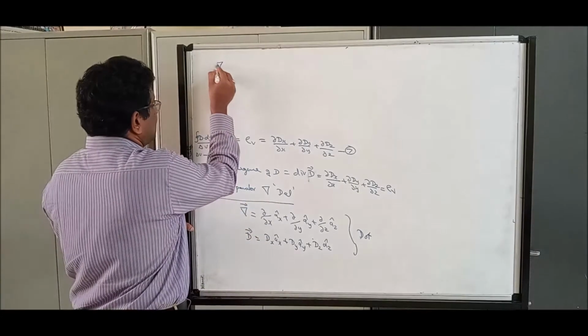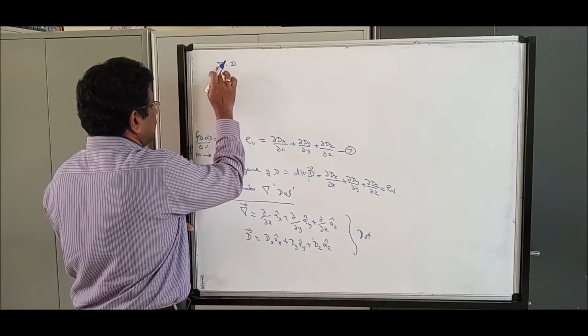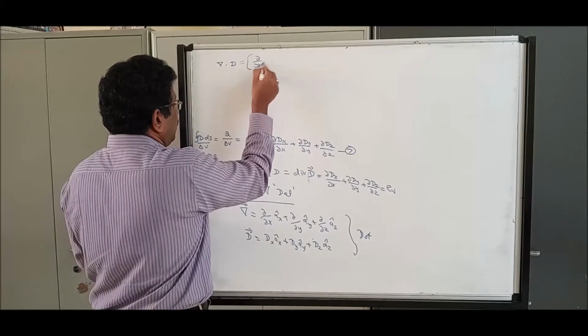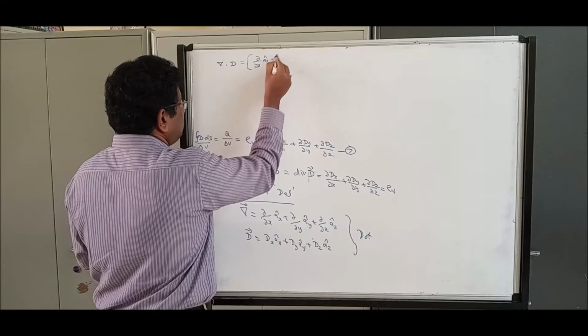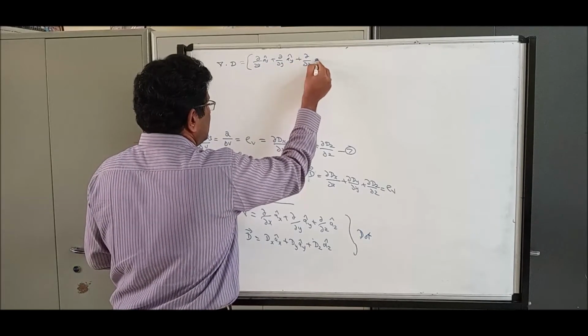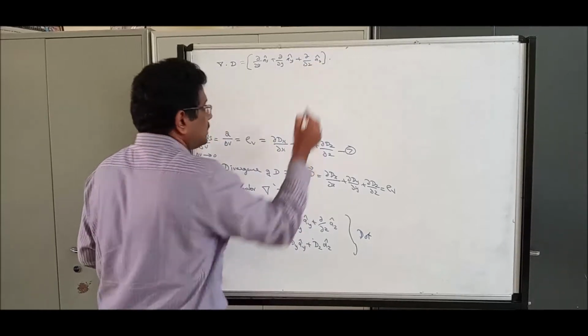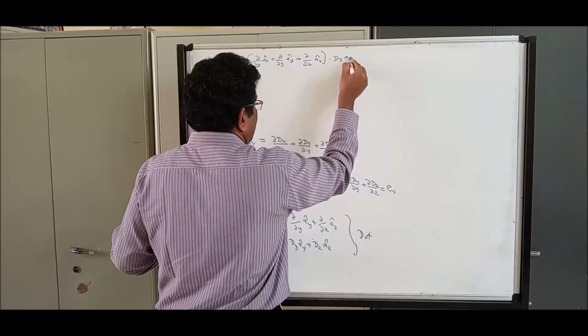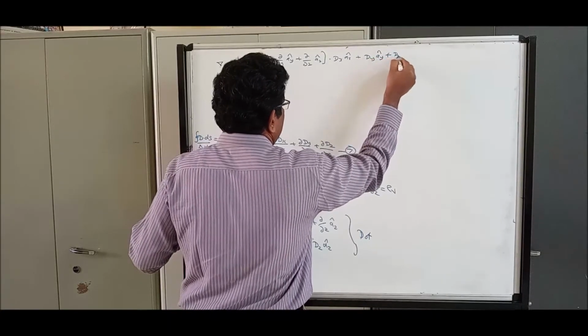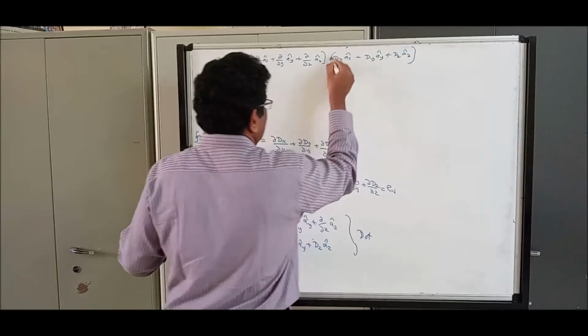So, what is del dot D? Is nothing but dou by dou x ax cap, dou by dou y ay cap, dou by dou z az cap dot Dx ax, Dy ay, Dz az.